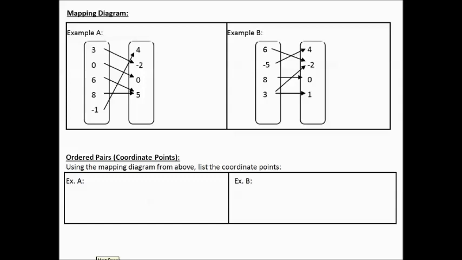If you notice a mapping, we have this left side and this right side and arrows connecting them in between. My left side are my x values or my domain. My right side is the set of my y values or my range.